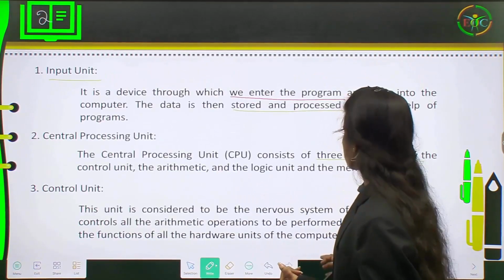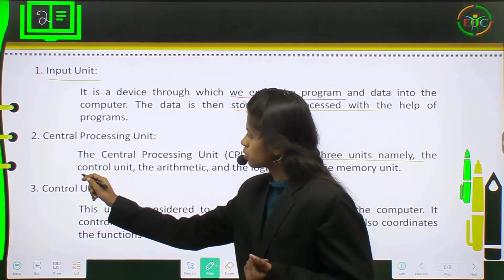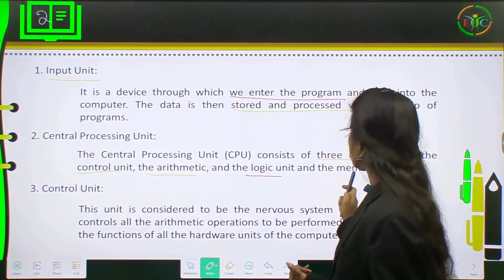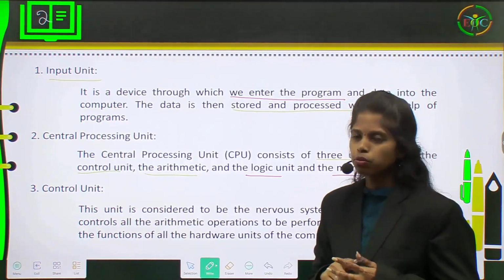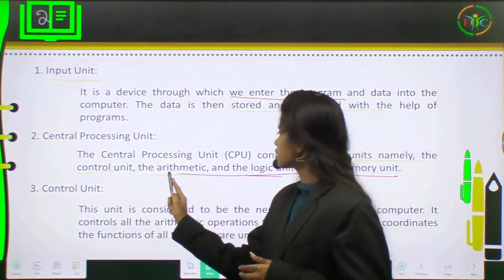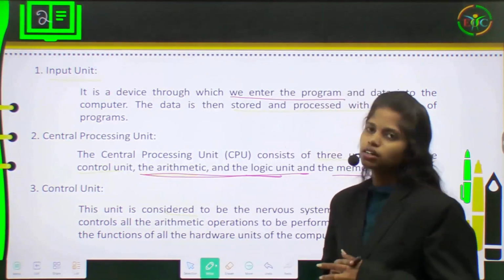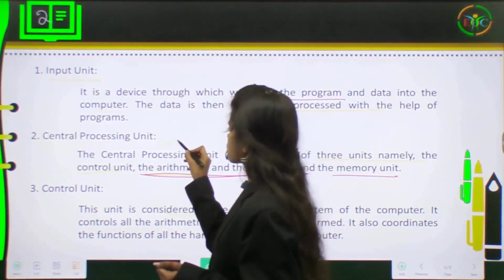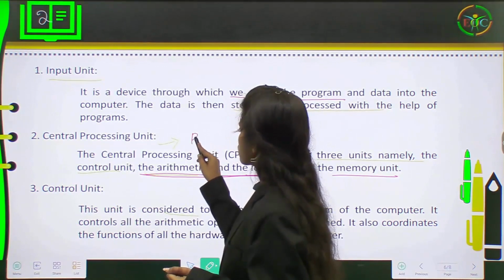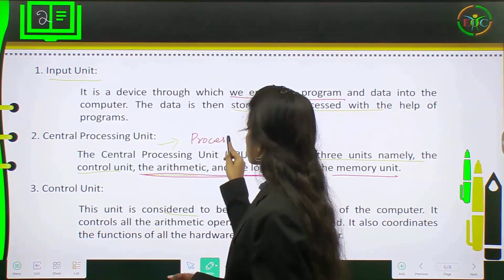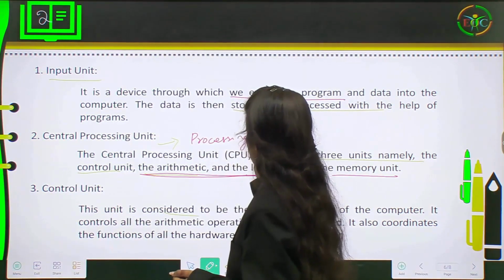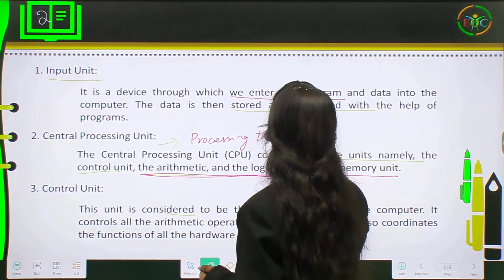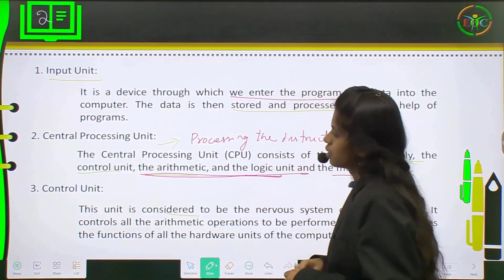The same thing is explained here: the control unit, the arithmetic and logic unit, and the last one is the memory unit. The arithmetic and logical unit is one single unit. The task of the central processing unit is processing the instructions. You can write or include this here.